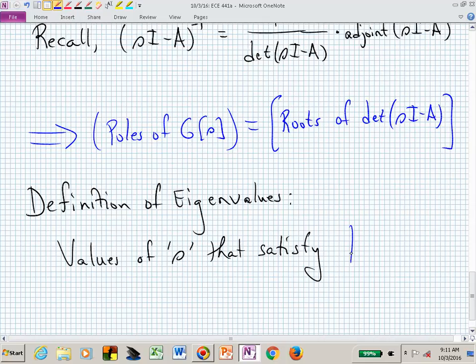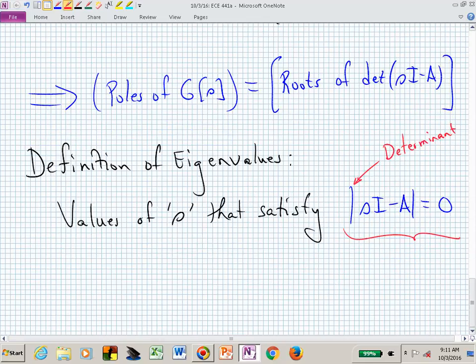You might have seen that as the determinant of sI minus A, or the values of s that cause the determinant of sI minus A to equal 0, where I'm using these vertical lines to denote the determinant of that quantity, and this entire equation is now the characteristic equation.